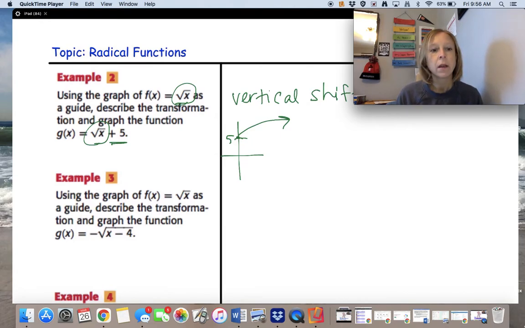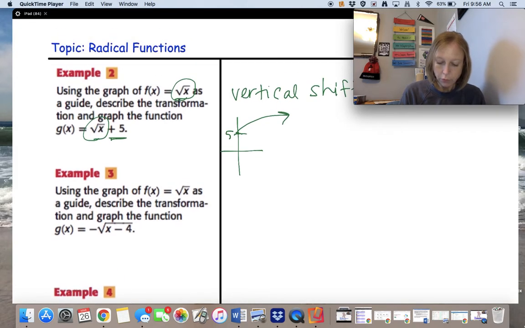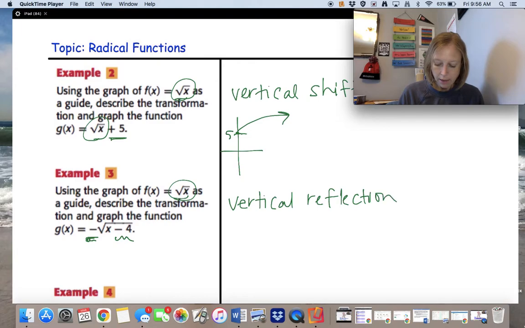Example 3. This time we're still looking at that square root parent function, and we're going to describe the transformations. Now I see a negative on the outside and a -4 on the inside. Well, remember, anything on the outside is vertical, so that's a vertical reflection. And then that -4 on the inside, that's a horizontal shift.